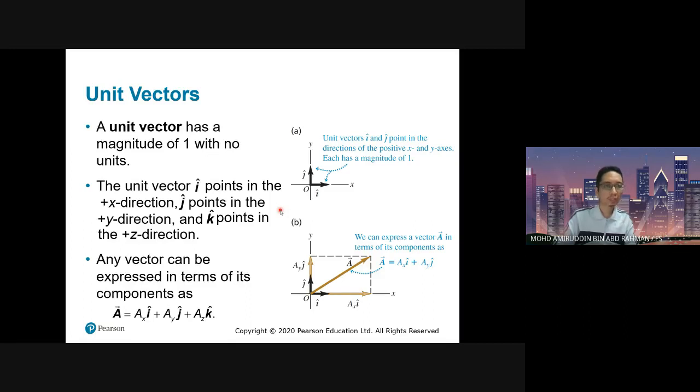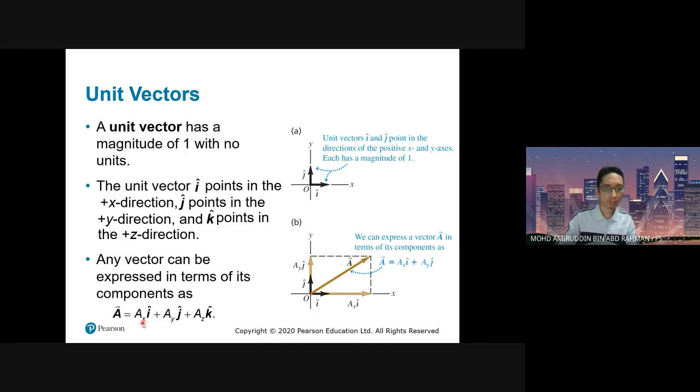the z direction. Any vector can be expressed in terms of its components. It has ax i plus ay j plus az k. That all refers to the component according to the direction of that unit vector.